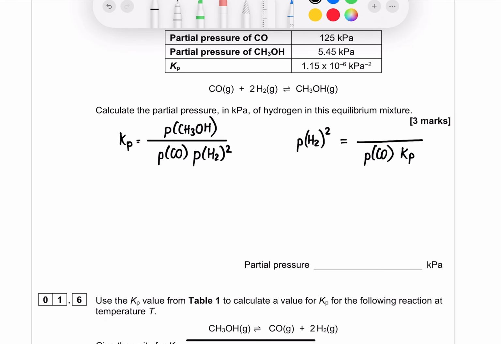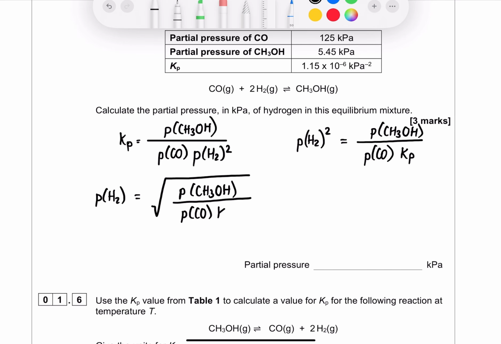So I'm rearranging the equation, and I've got a new expression, this time for the partial pressure of hydrogen squared. So then the partial pressure of hydrogen is the square root of this expression, pressure of methanol over the pressure of carbon monoxide times the Kp value.